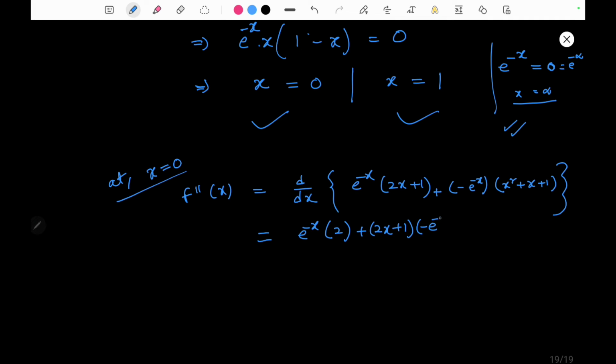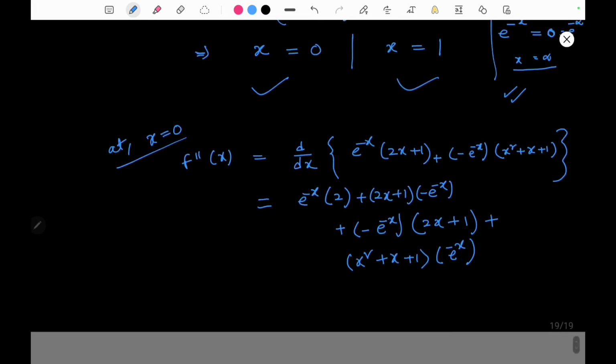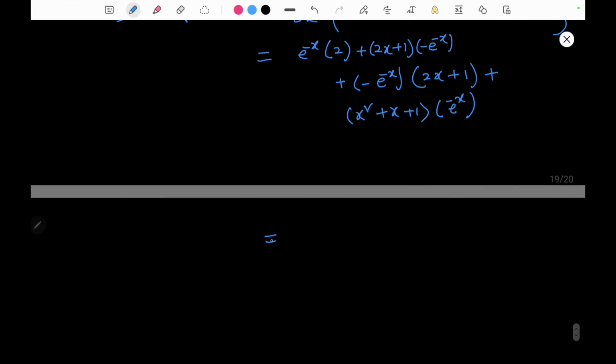Now minus e to the power minus x, again here we can take it as it is, and here 2x plus 1, and plus here we can take it as it is, and here e to the power minus 6 if we take the derivative.